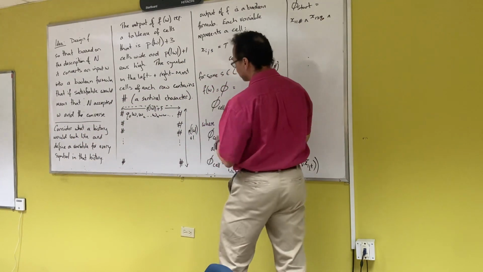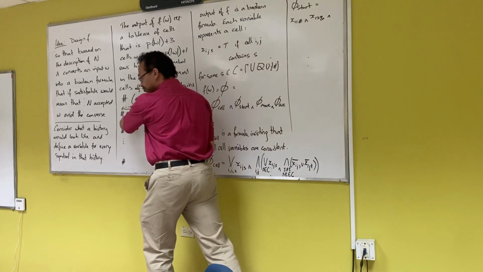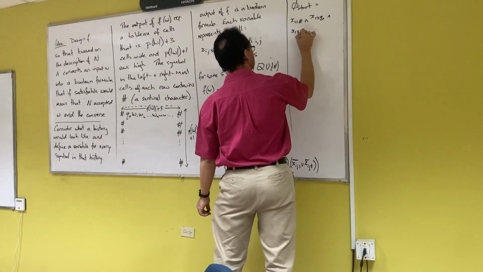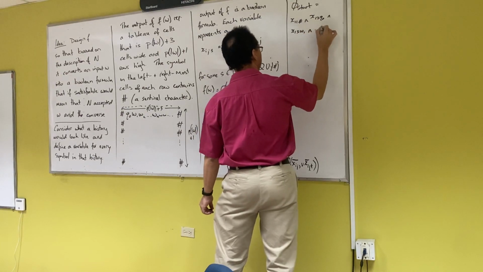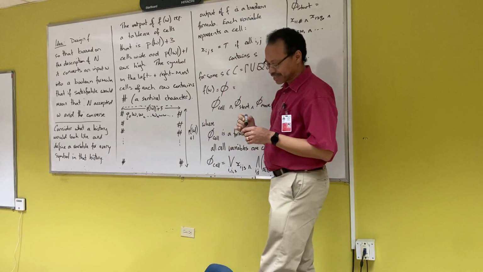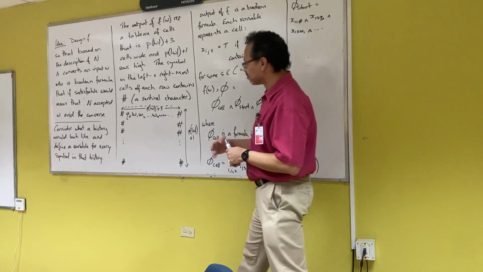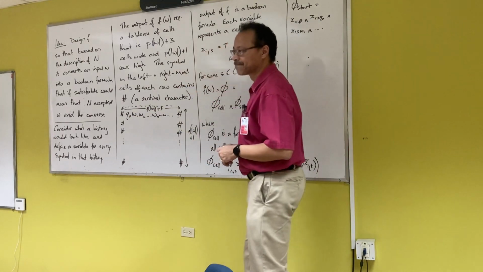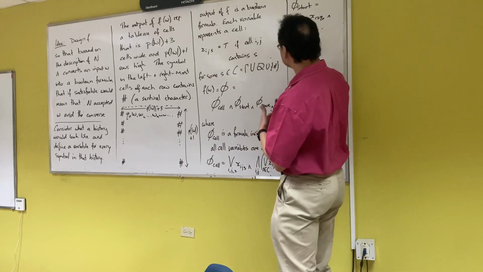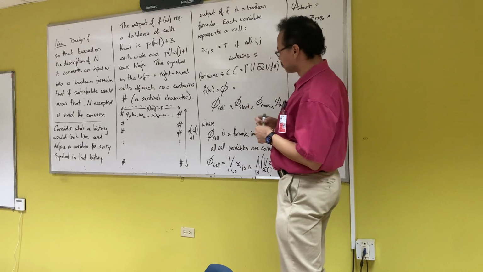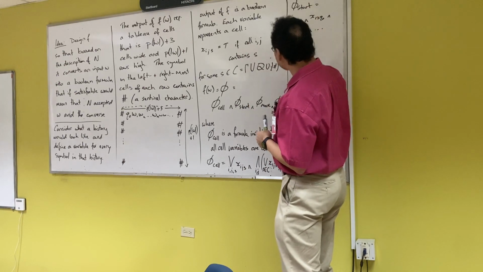That's just one big sentence saying row 1 looks like this. It's a big and of these variables. Okay? So that's what that Boolean form looks like.